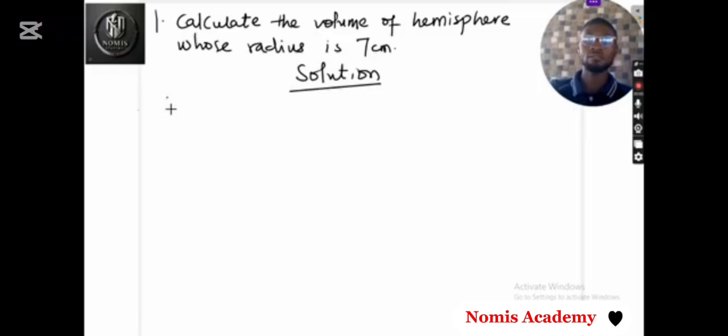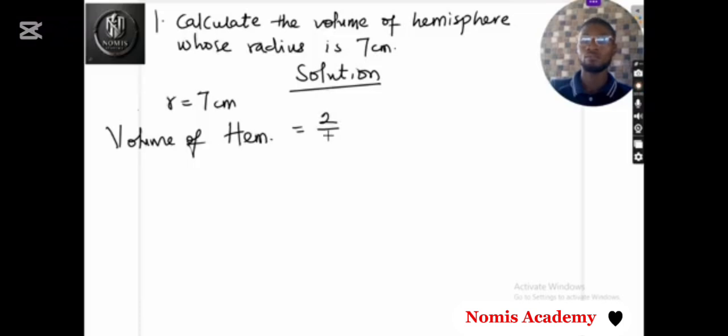So having known that the r is just 7 centimeter, we can introduce our formula: volume of hemisphere equals 2/3 pi r cubed. So let us put in the value of our parameters. 2/3 multiplied by, you all know the value of pi, 22/7.